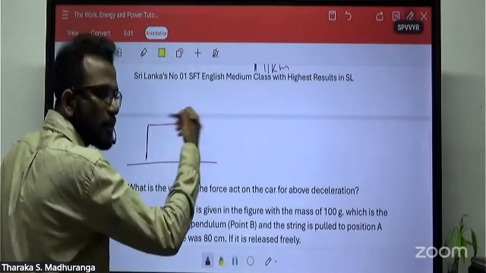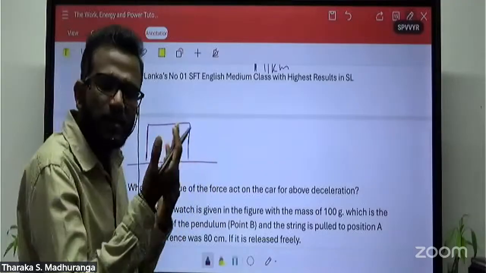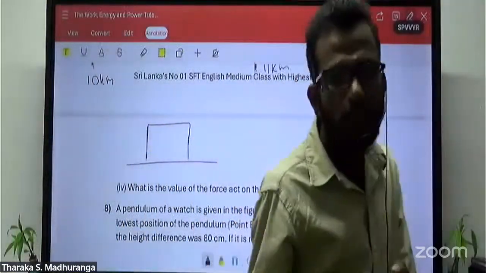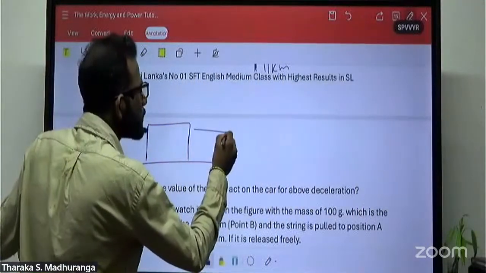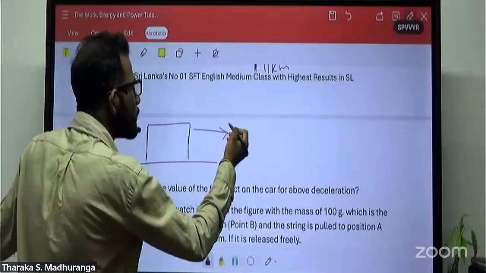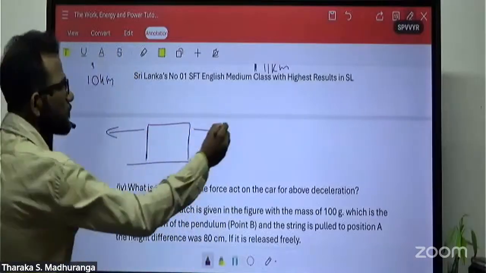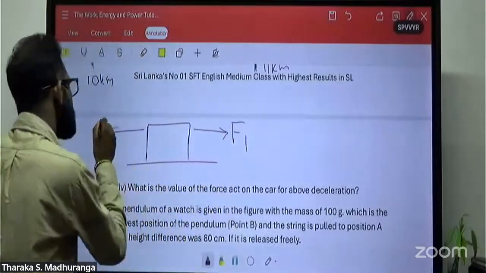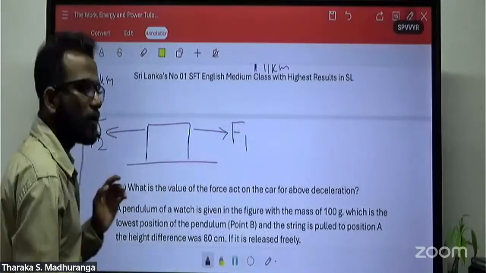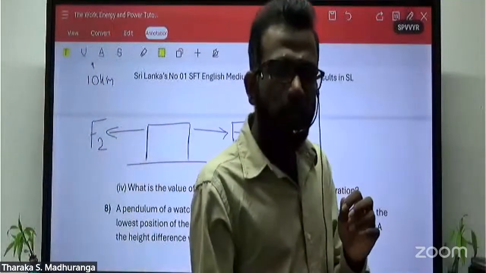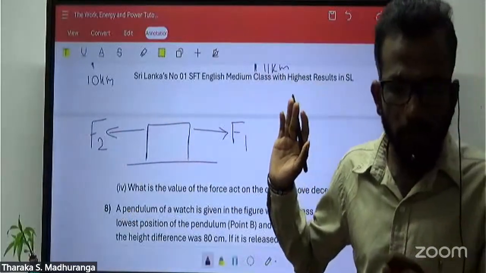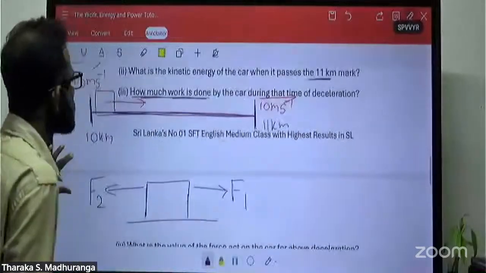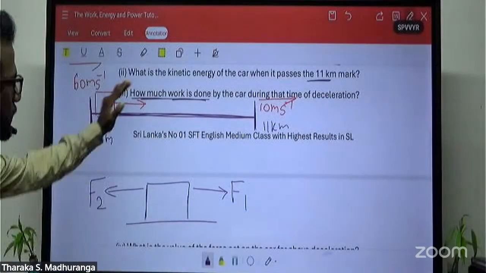It is deceleration, which means the velocity is gradually decreasing. Tell me, is the external force acting in the F1 direction or the F2 direction? This is the road, this is the car.